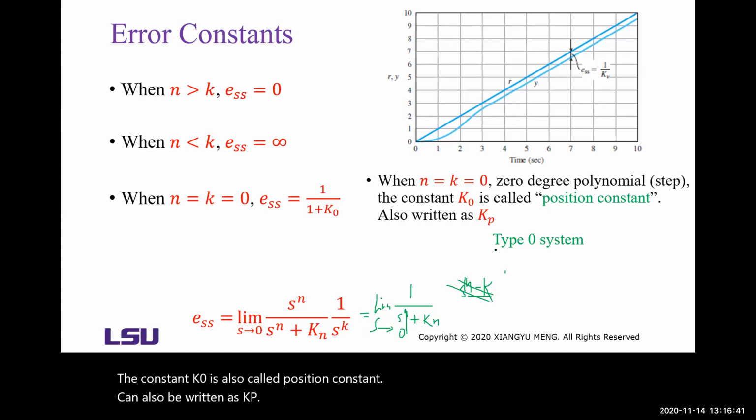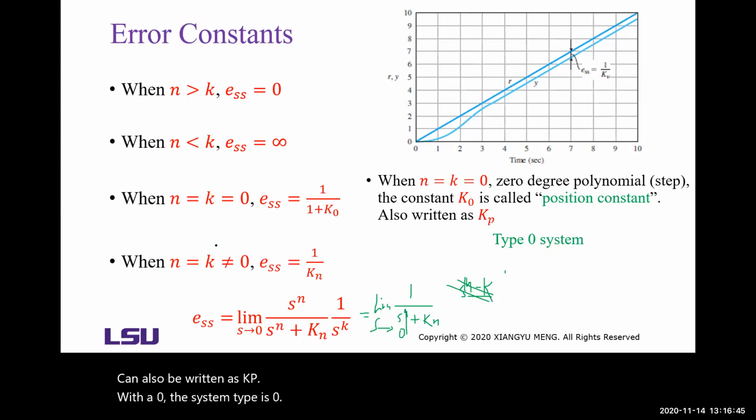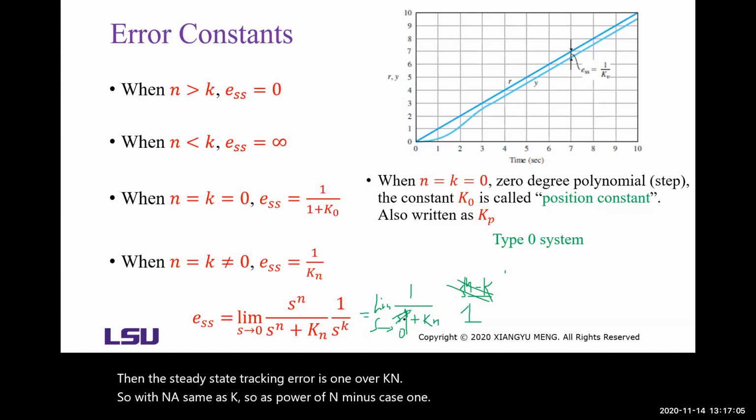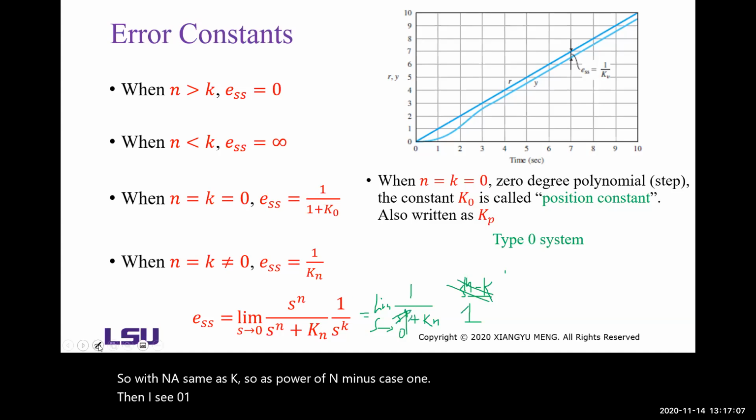When n is 0, the system type is 0. When n is equal to k is not 0, then the steady state tracking error is 1 over K_n. So when n is same as k, s to the power of n minus k is 1, then s is 0, is 1 over K_n.